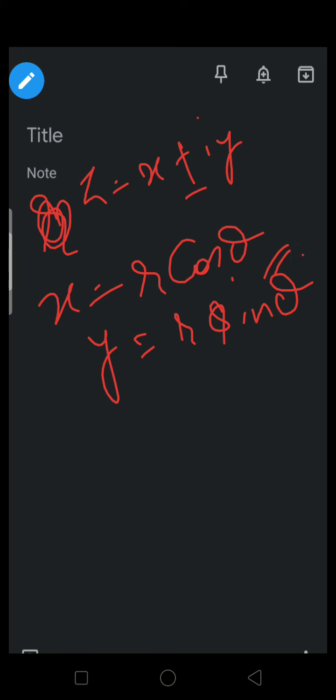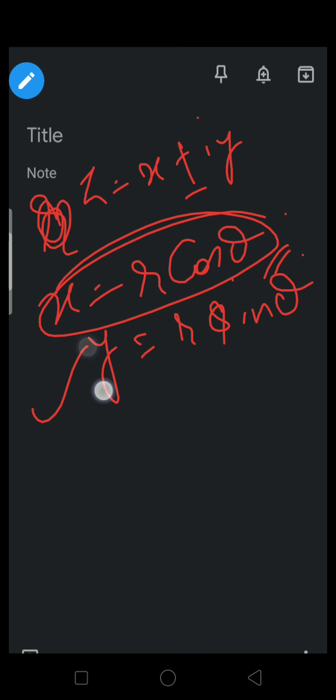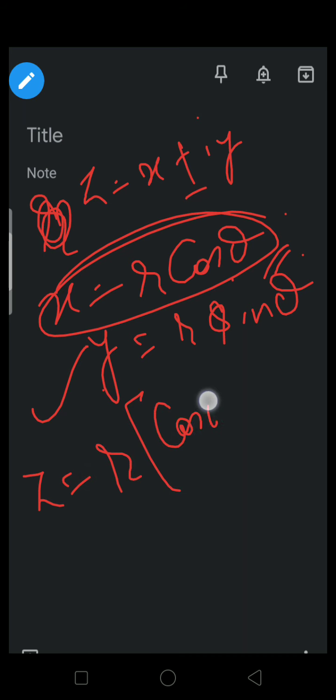That is the angle from the positive direction of the real axis to the modulus of z, or the distance r between the point and the origin. At that time x will behave as r cos theta and y as r sin theta. When you put it here, r will be common and you will get cos theta plus or minus i sin theta.